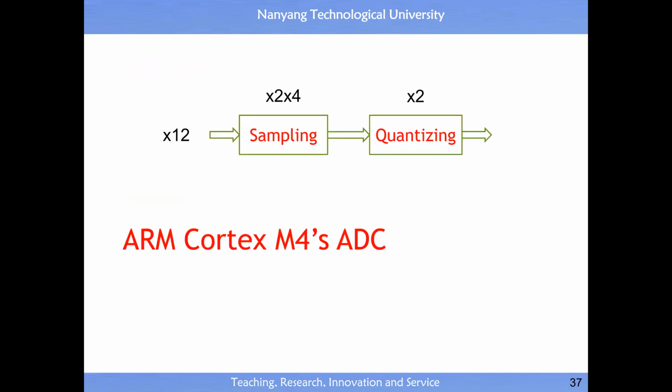Okay, now you have this Cortex M4 microcontroller, low cost, all right? With the same microcontroller, you can build up a 2-dimensional network, you can build up a 3-dimensional network, and also you can directly connect your analog sensor to it to have a network in the sensor, all right?